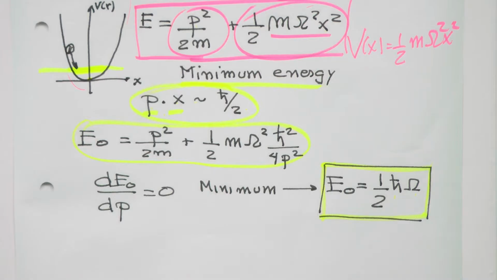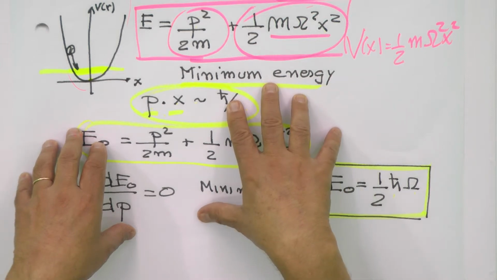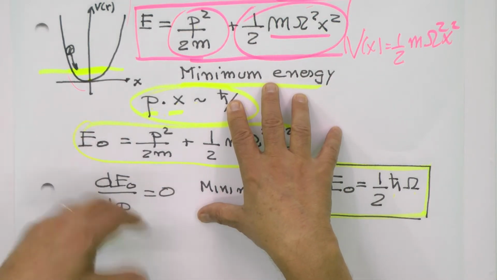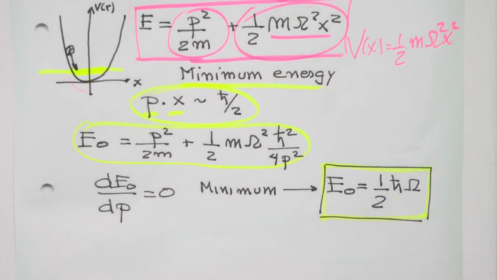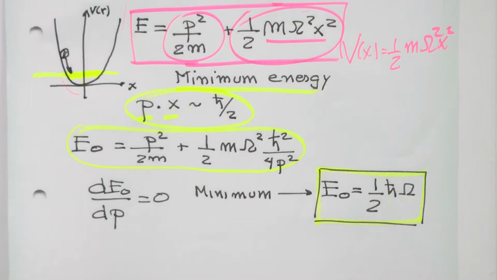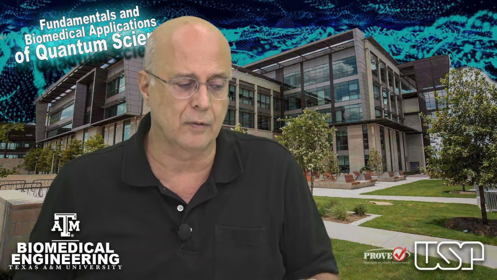This is another example. I didn't go into detail on this, but for the harmonic oscillator, the best way is to put it like this, but work with the variance to get the minimum. And this is right. If you do it right, this is right. And I can ask that in some homework problem that we're going to discuss.